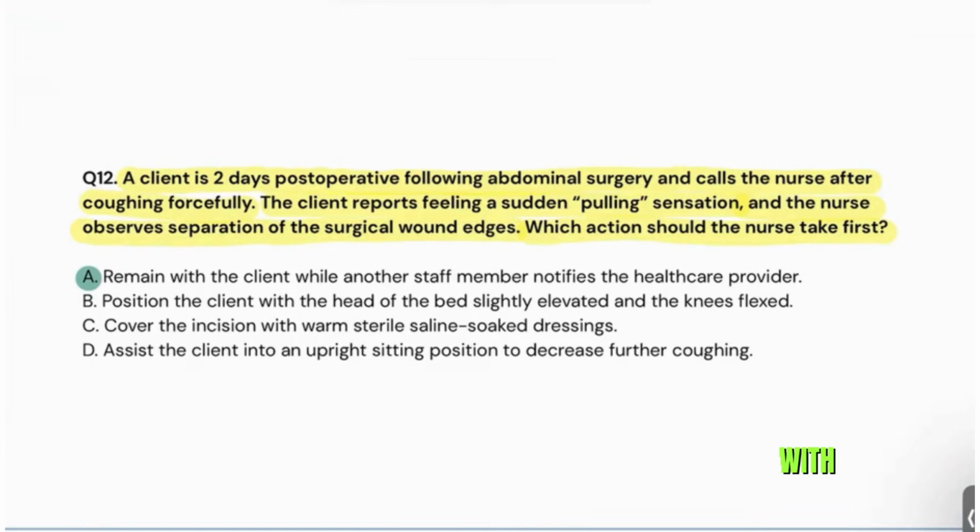A. Remain with the client while another staff member notifies the healthcare provider. B. Position the client with the head of the bed slightly elevated and the knees flexed. Letter C. Cover the incision with warm, sterile saline-soaked dressings. Or letter D. Assist the client into an upright sitting position to decrease further coughing. Pause the video again.